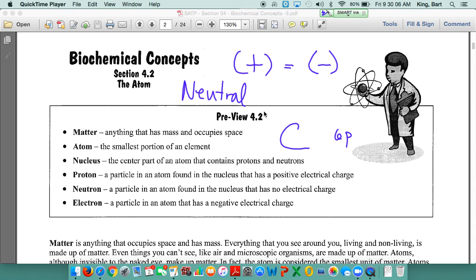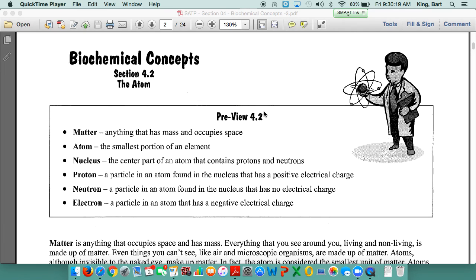So if it has 6 protons, it's going to have 6 electrons. If protons are positive, electrons are negative. That doesn't necessarily mean it's going to have the same number of neutrons. If an atom has different versions with different numbers of neutrons, those are called isotopes. And we'll get to that in a minute.